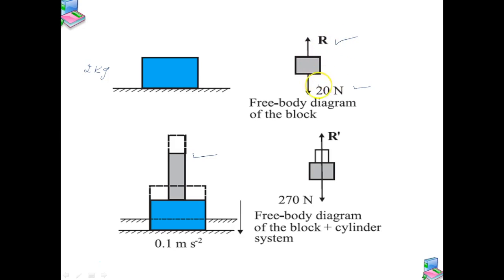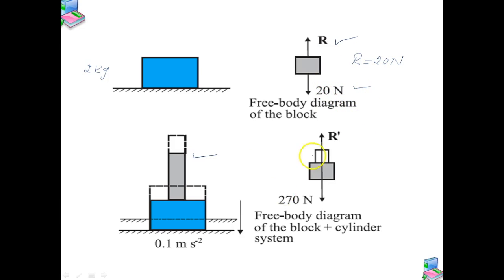So this R and this mg are both equal and opposite. So the net external force acting on this block is 0. So R is equal to 20 Newton. So using the third law, the action of the block is equal to 20 Newton and directed vertically downwards. So the action of this block is equal to 20 Newton and it is directed downwards.